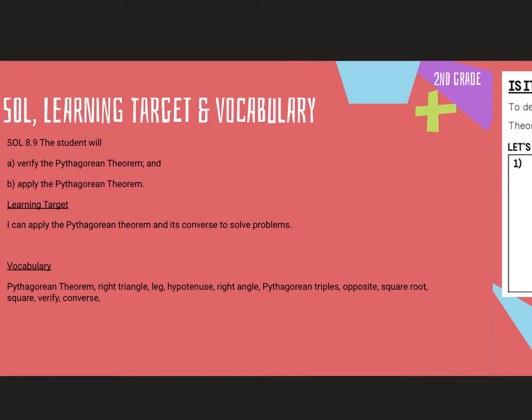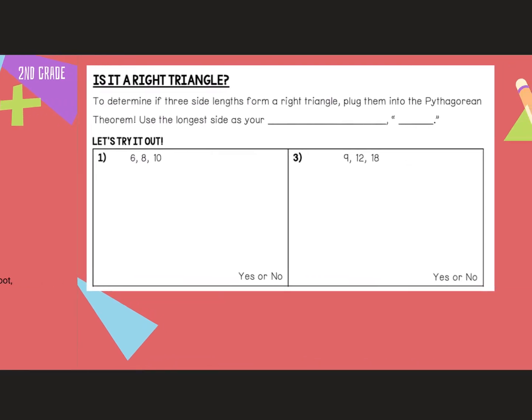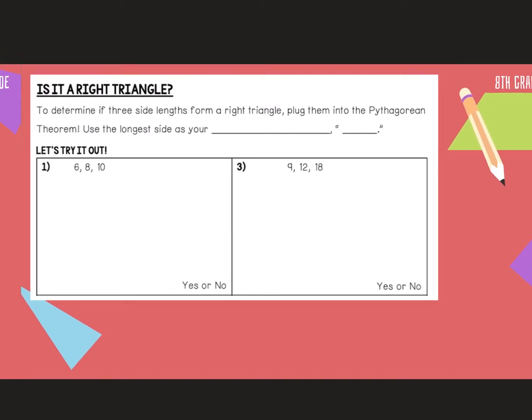So in previous lessons, we have looked at the Pythagorean theorem, which is a squared plus b squared equals c squared. But we looked at when we had to find the missing hypotenuse, or given a leg and the hypotenuse, looking for a missing side. With the converse, we're now going to be given all three lengths, but we're going to have to determine if it is a right triangle.